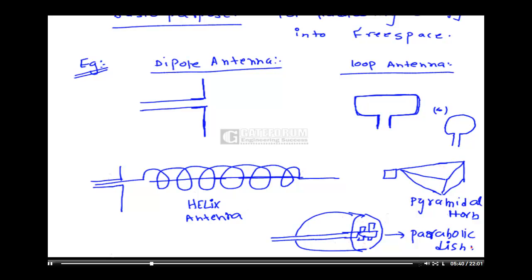So like this, we have different kinds of antenna. Here I am just giving the general antennas, to know the shapes of the antenna. There are plenty of antennas. One more thing to point out is that each antenna has its own application. These are some basic antennas.